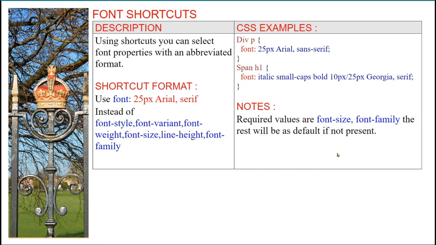The required values are font size and font family. These are the minimum parameters that you need for the font property. So you can have 25px Arial and forget about the rest, and that's enough for the browser to find and render your text correctly.